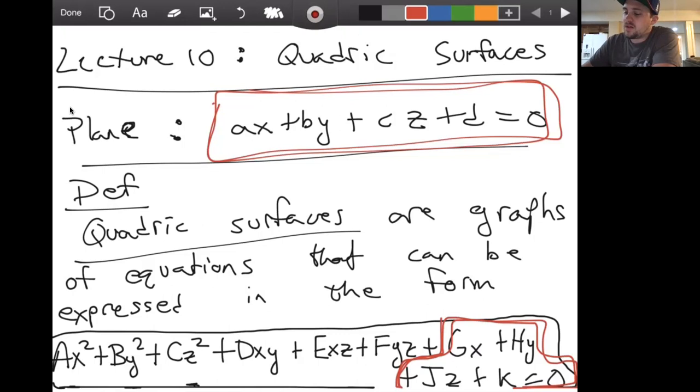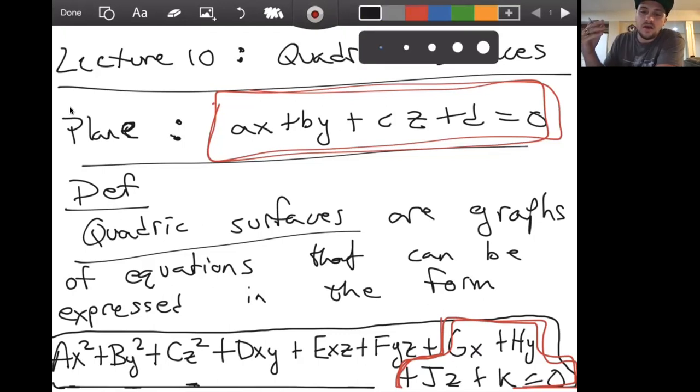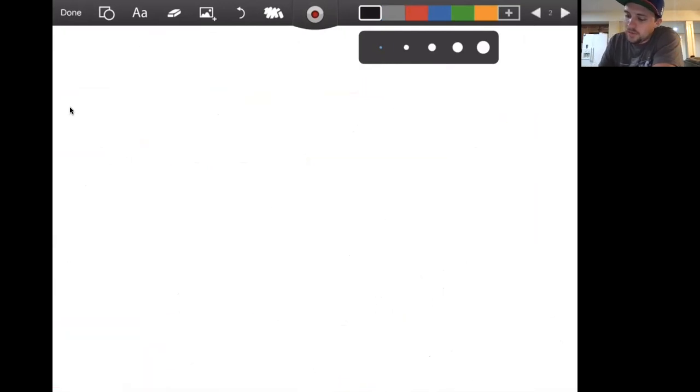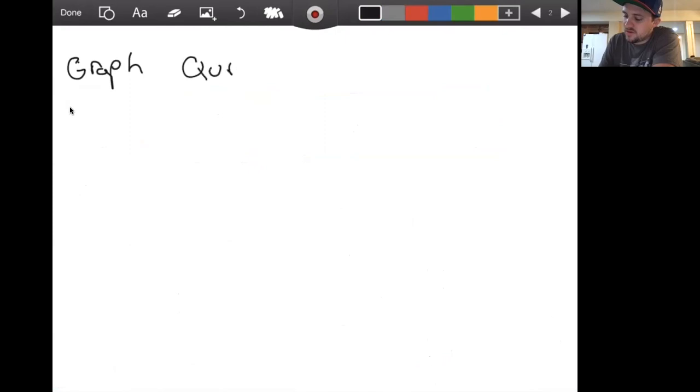That's what we'll spend a lot of time talking about today: here's an equation, or a certain type of equation, what is this representing? So how do we graph quadric surfaces?